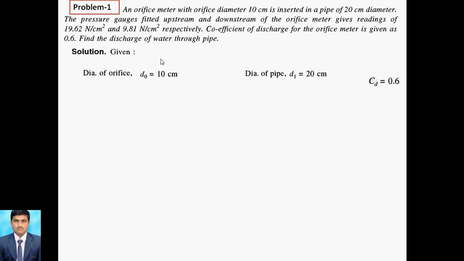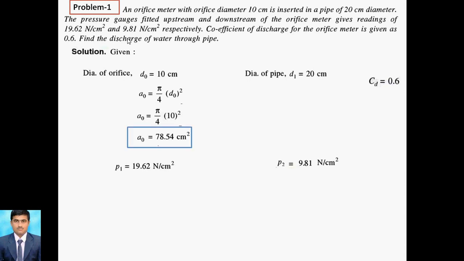P1 is also known to you, that is 19.62, and P2 is 9.81 Newton per centimeter square. First of all, we calculate the area A0, then A1, that is pi over 4 D1 square. Put the D1 value, 20 square, and then we get the value of A1.